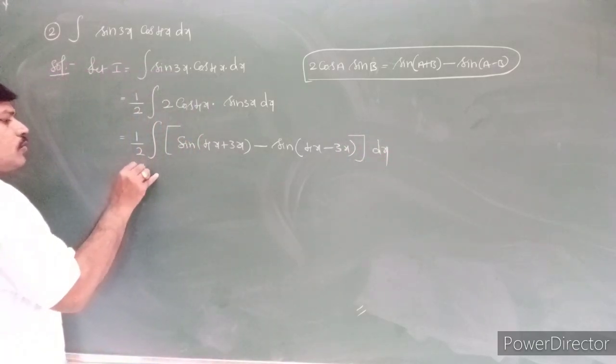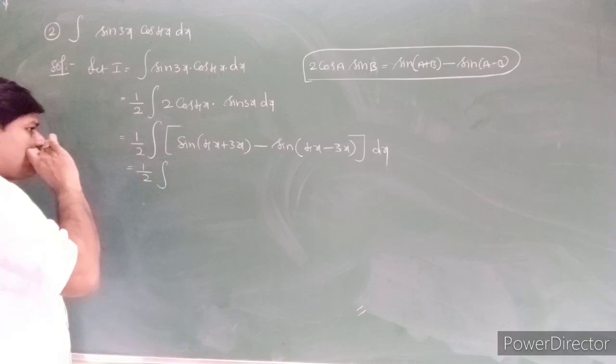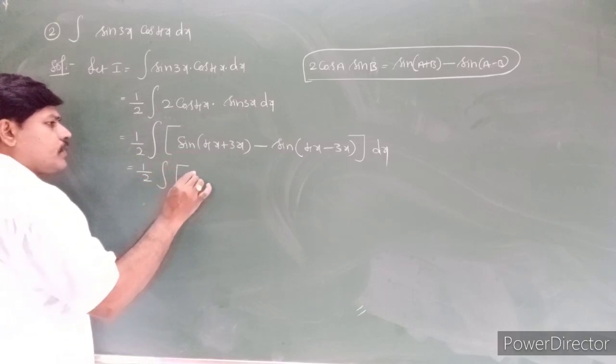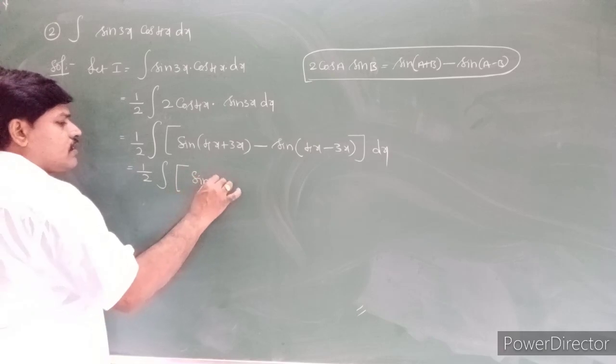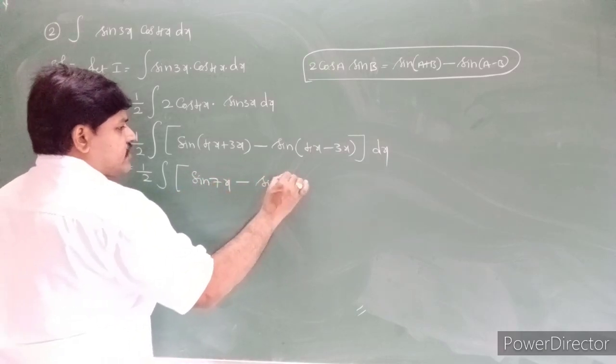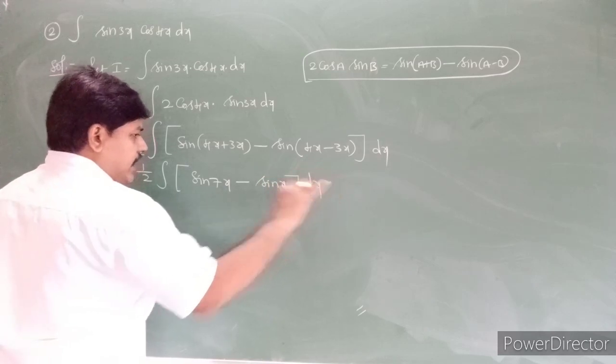So that is equal to 1 by 2 into integral of sin 7x minus sin x into dx.